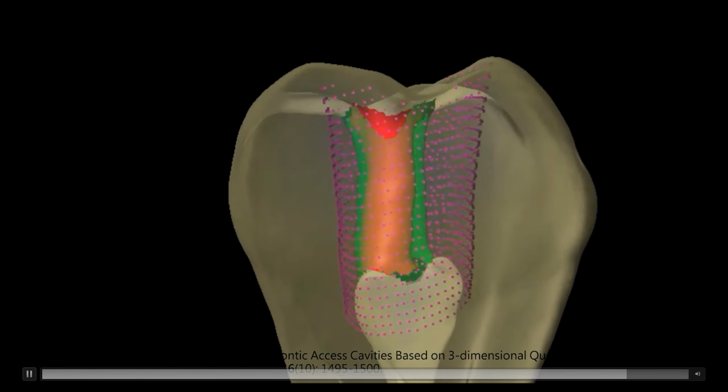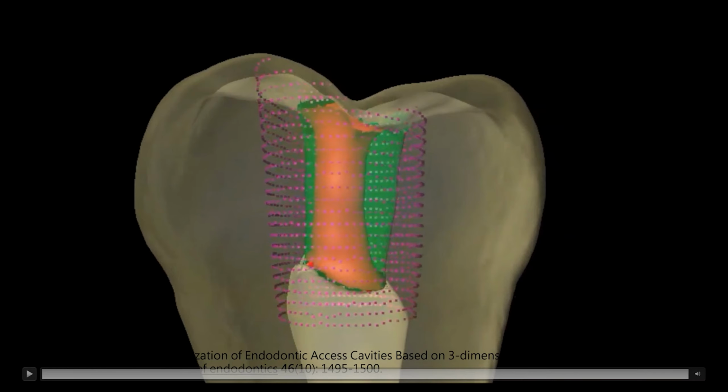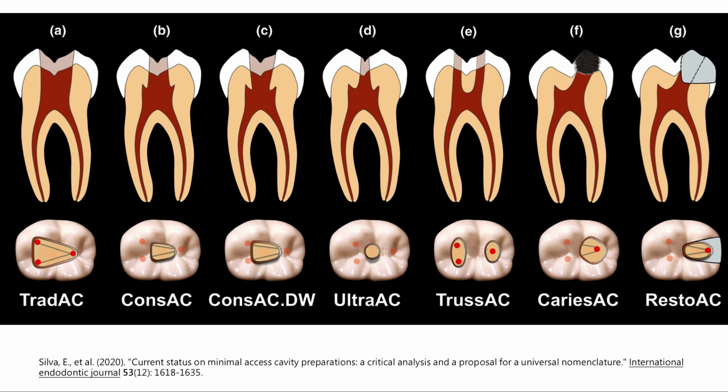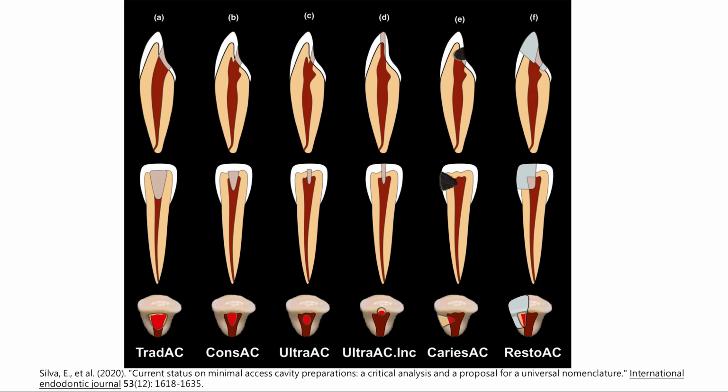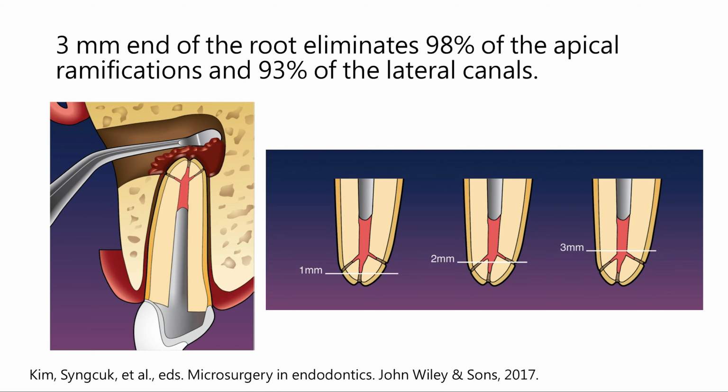And nowadays we try to do endodontics in different ways, where we can do conservative access, or the caries access or restoration access. That means if there is an original hole in there, you can try to access the root canal that way. And also the anterior tooth. We also know that if the root canal treatment fails, or it is impossible to do the retreatment, we will do the apical surgery.